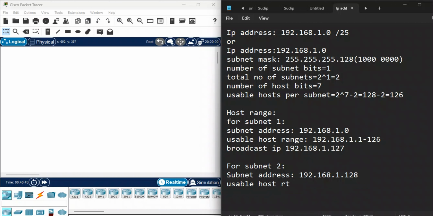Usable host range 192.168.1.129 to 192.168.1.254. The broadcast IP will be 192.168.1.255.